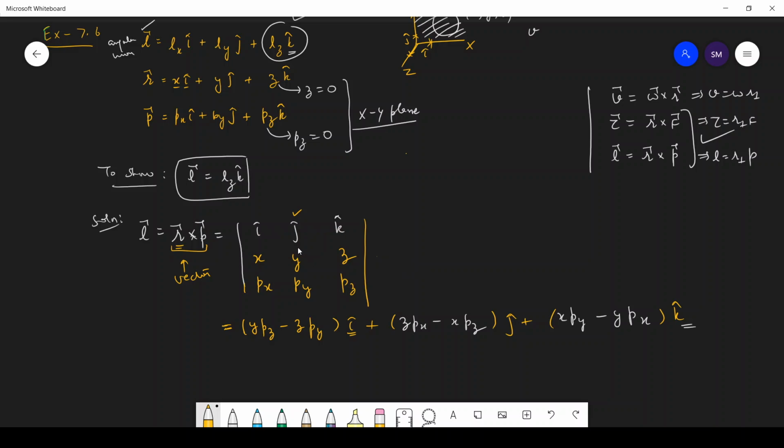So a lot of ways some people also do, like when they are choosing j, they are writing minus here and this minus this. So putting the minus sign over here, you can write it as xpz minus zpx j cap, right?